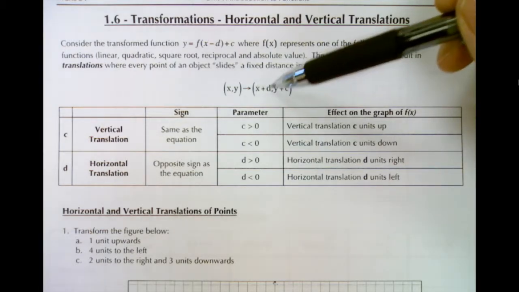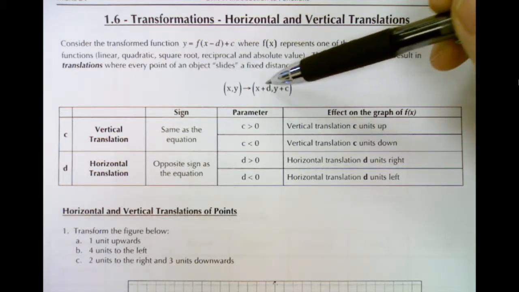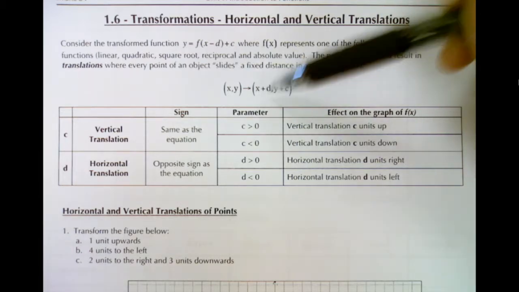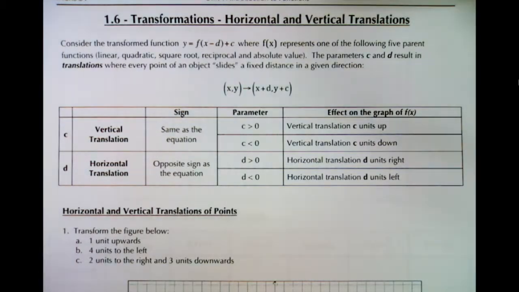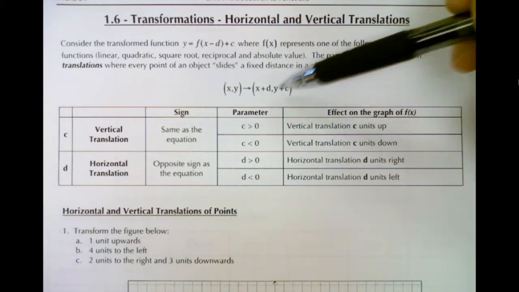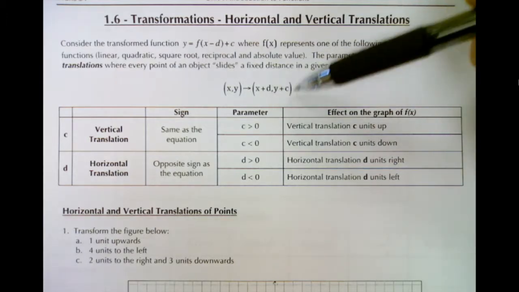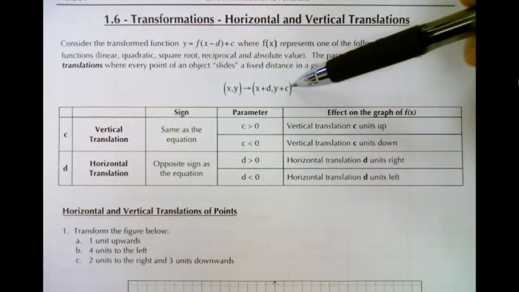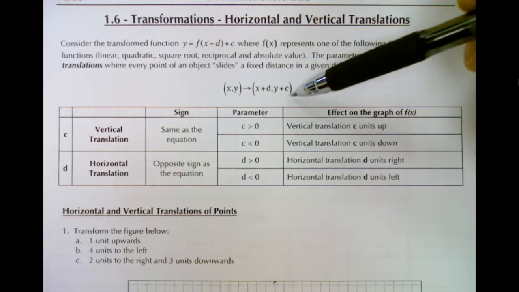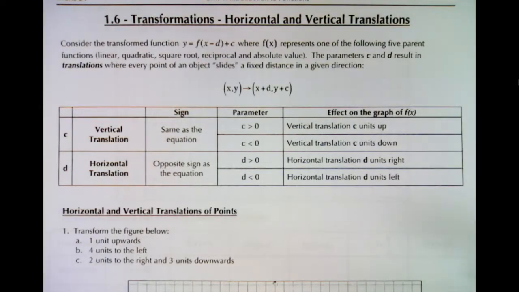If d is a negative number, well then obviously it's subtracting, but adding a negative is the same as subtracting, so it's subtracting. And negative would be going in the left direction because you'd be going left on the number line; subtracting is to the left, adding to the right. And acting on the y's, you have up and down shifts. So if c is a positive value, we're going up, and if c is a negative value, we're going down.